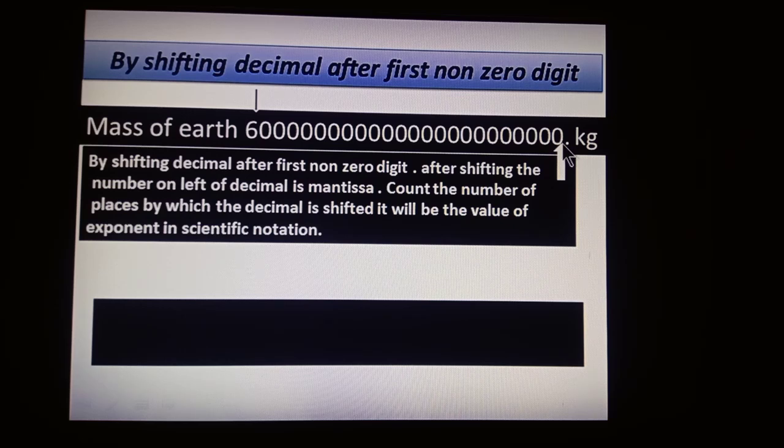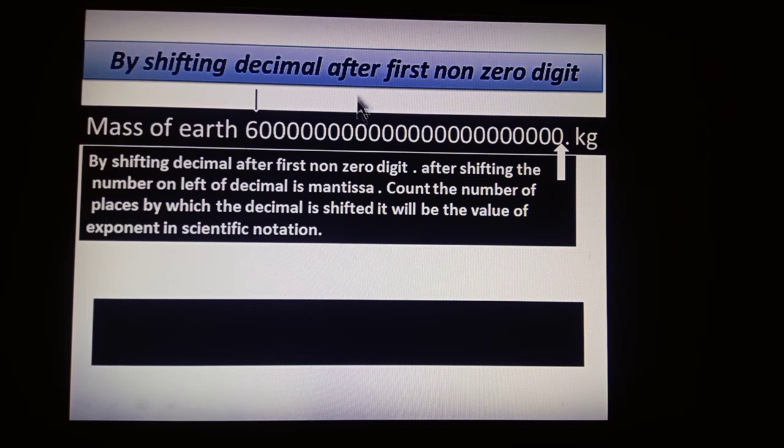We will shift this decimal after the first non-zero digit, and now the number on the left side of the decimal is called the mantissa. Then we count the number of positions through which the decimal is shifted. It will be the value of the exponent.